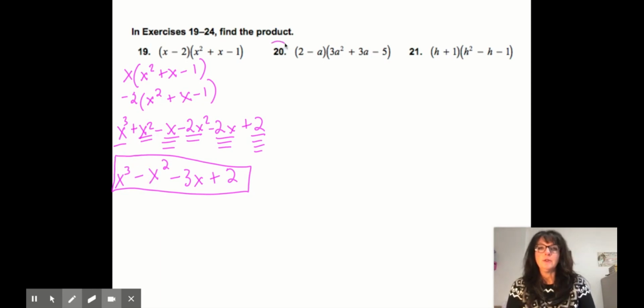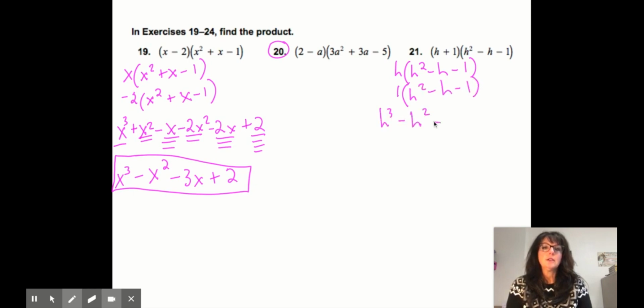I'll let you go ahead and do number 20. I'll continue on. So h times h squared minus h minus 1. 1 times our h squared minus h minus 1. So I'll start with h cubed minus h squared minus h plus, starting on the second distribution, 1 times, basically just rewriting that.